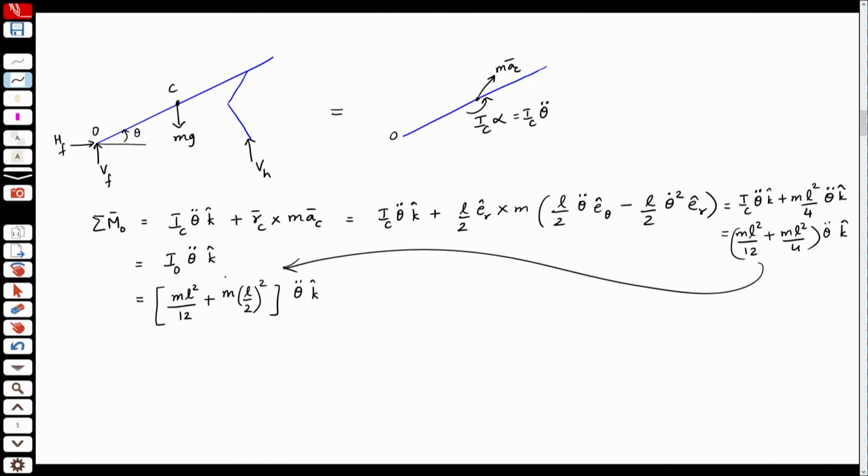Okay, it does not give you anything new. Or I can do it in one step as this: I get m L square by 3 theta double dot.